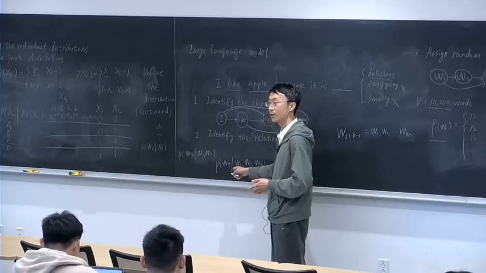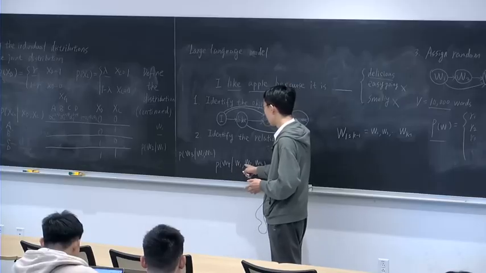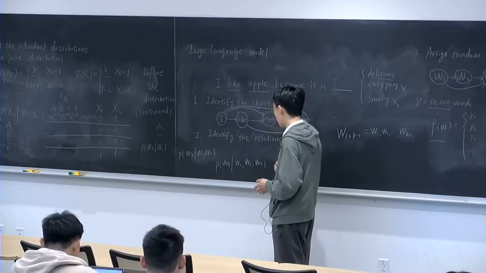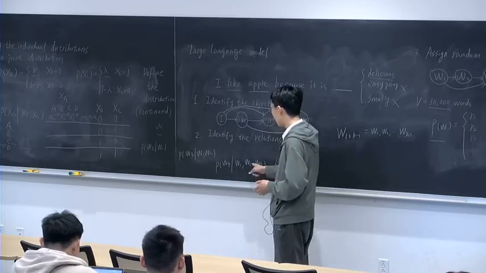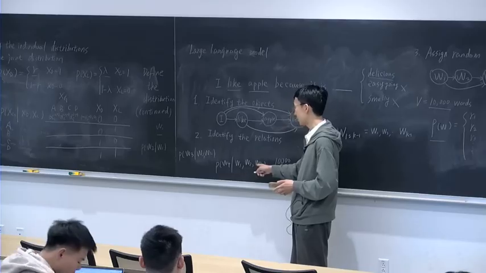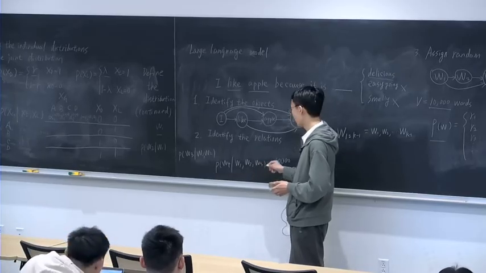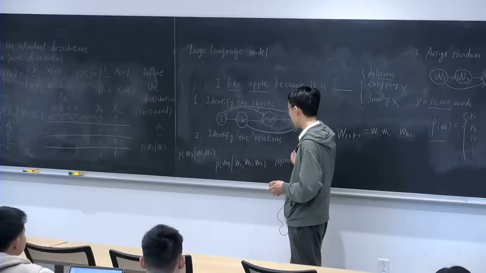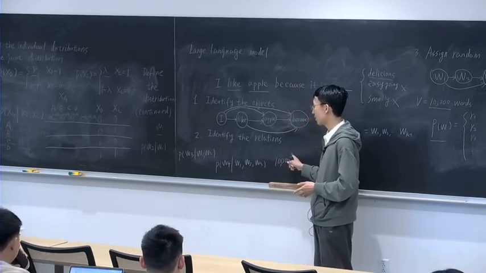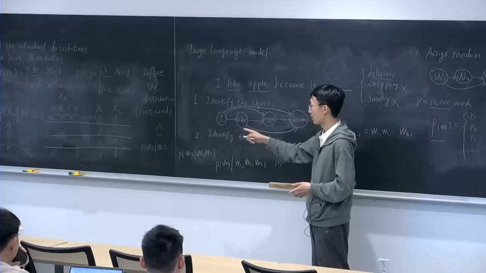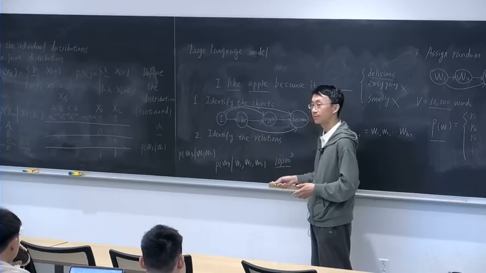Suppose you want to design a table to define this distribution. Imagine how many rows you need to have. W1 has 10,000 choices, and W2 also has another 10,000. W3, another 10,000, right? You basically need 10,000 to the power of 3 rows to define this table. You have so many rows.